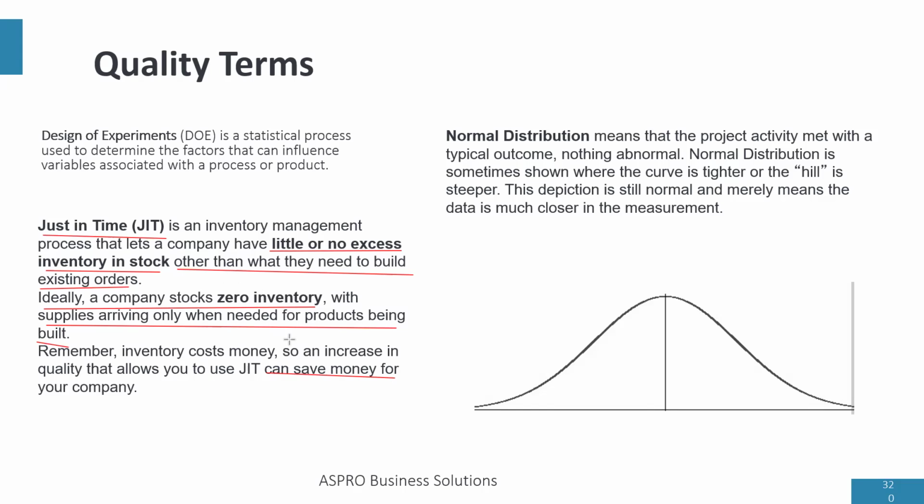Then you're going to tie down money on the parts that you are not going to need to build now. Another reason why just-in-time is good is if you overstock, you may have to pay for warehousing space, which is an additional cost. So using just-in-time means that products come only when you need them.